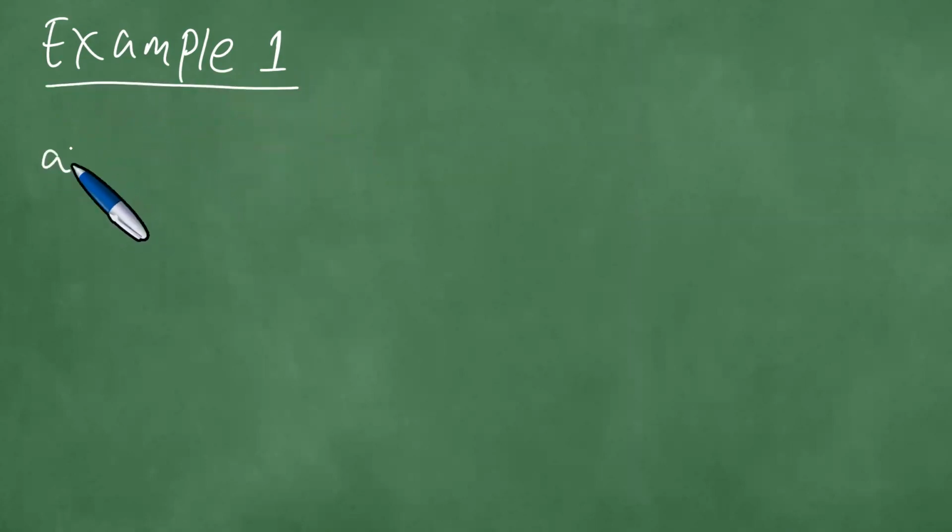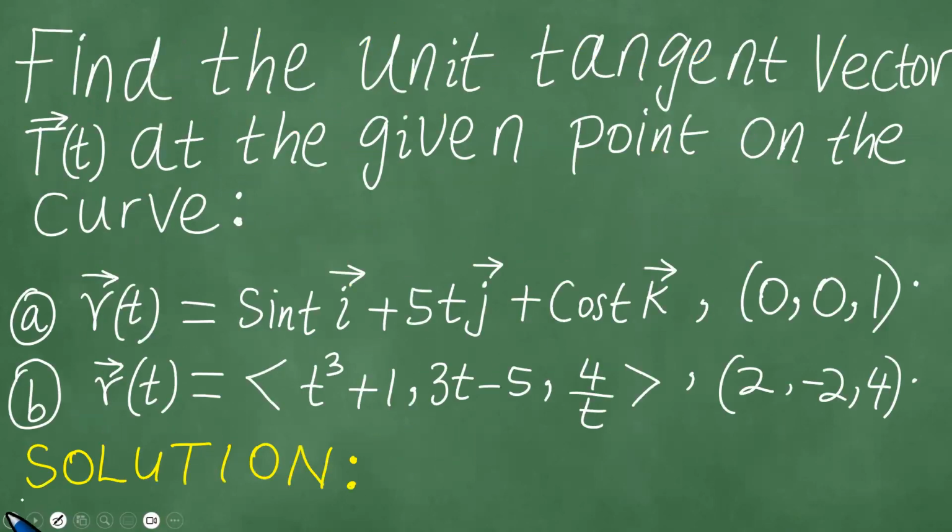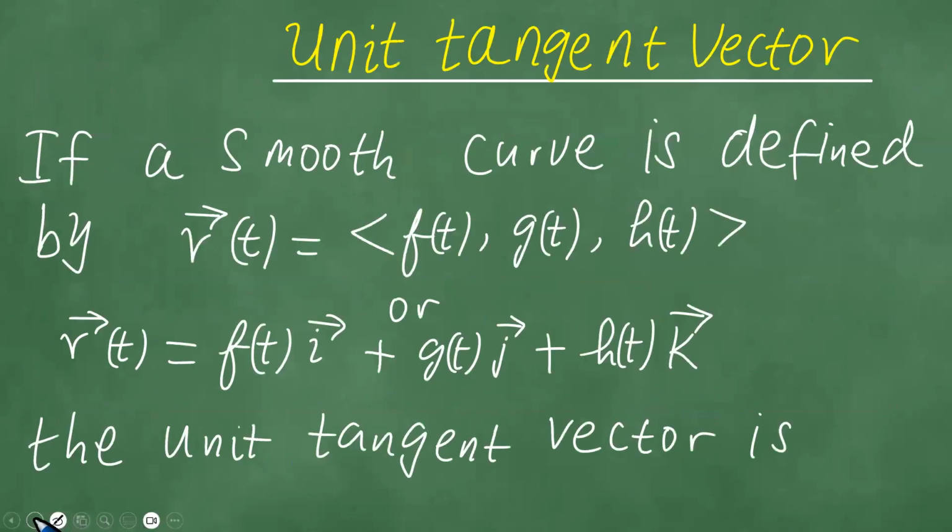Right, the first example is the one we gave in part A, which is the sine of t at the point (0, 0, 1), and we attempt to solve this problem, but not just to solve it, but to solve it step by step. And we proceed as follows.